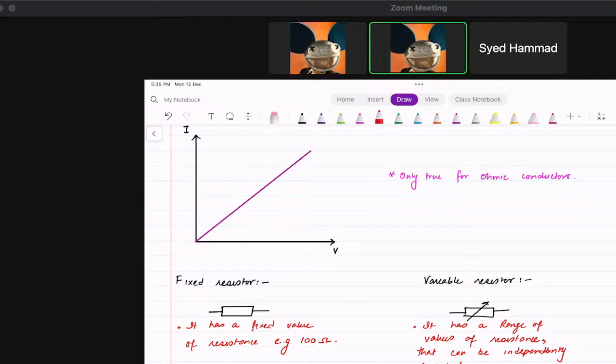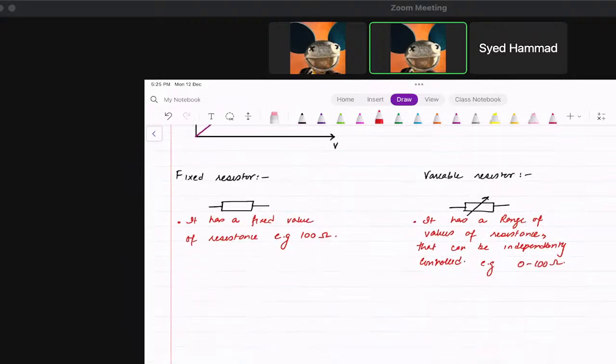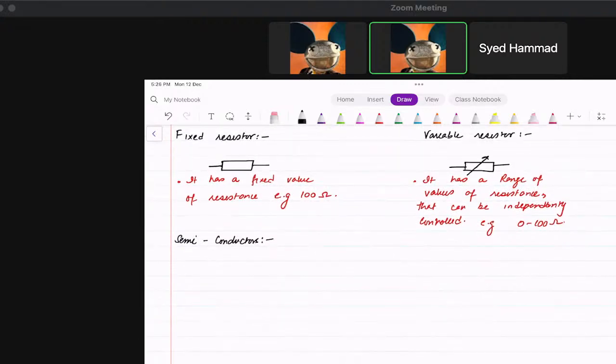Now then we have semiconductors. Semiconductors, the first thing is the thermistor. Thermistor symbol is like this. Now, you just need to know that basically the thermistor depends on temperature.